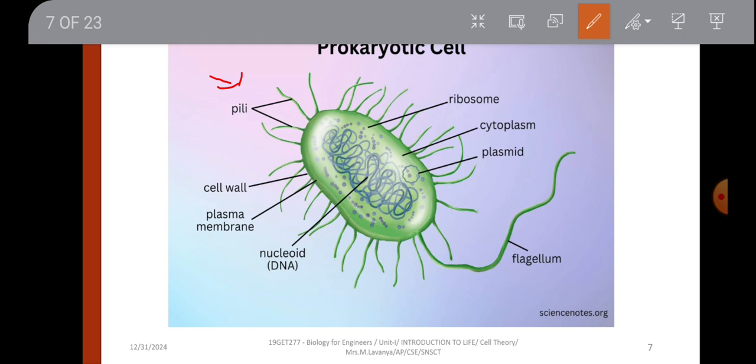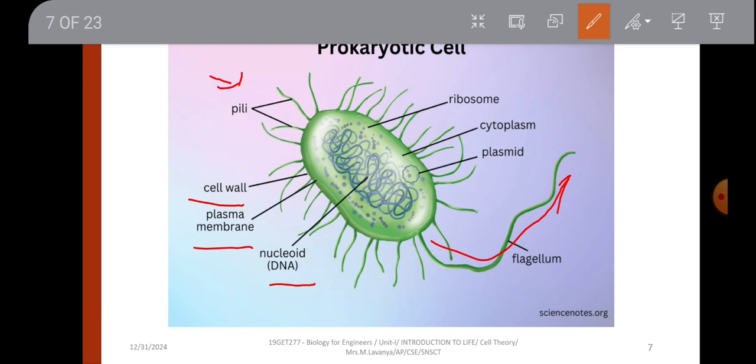The outer membrane is known as cell wall, and as I have said earlier, the plasma membrane is present within the cell wall. Then further, the DNA is present in the mid of the cell, and this flagella is the longer tail which is present in prokaryotic cell, which helps for the cell movement.